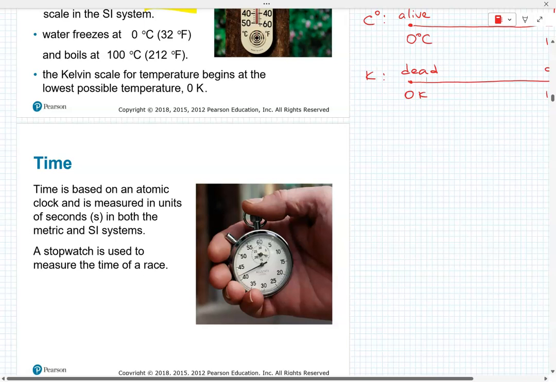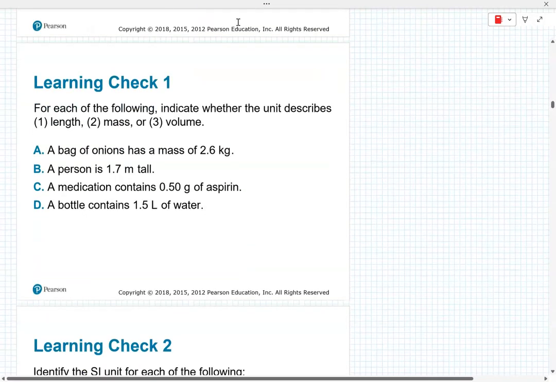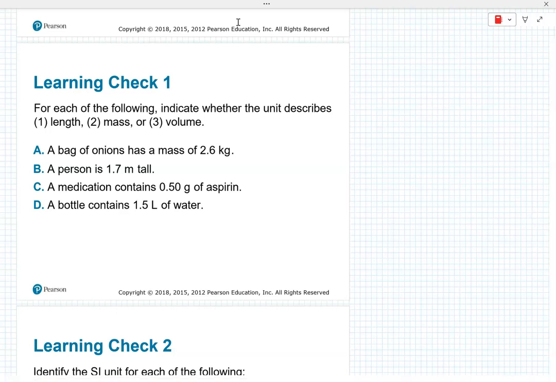Time: seconds, sometimes we use minutes. Okay. Now it's fairly easy, so let's go. This is a fantastic example, which has an answer in itself. Kilograms is what? Meter. Grams.